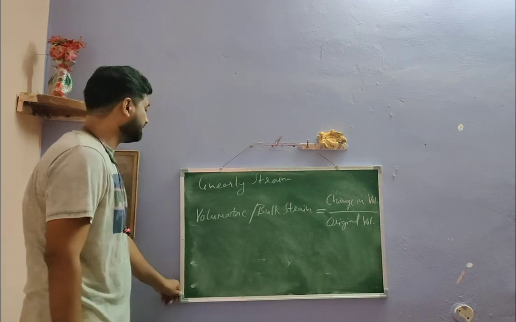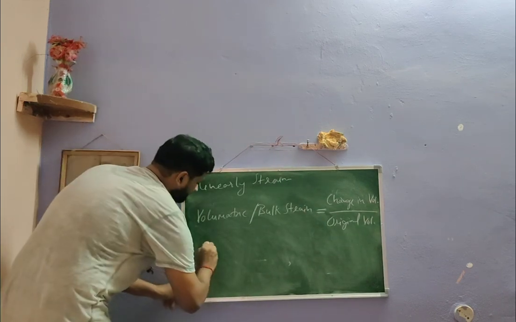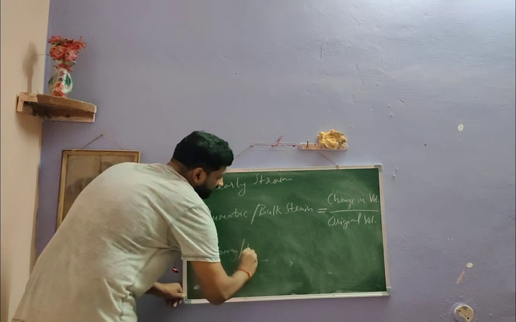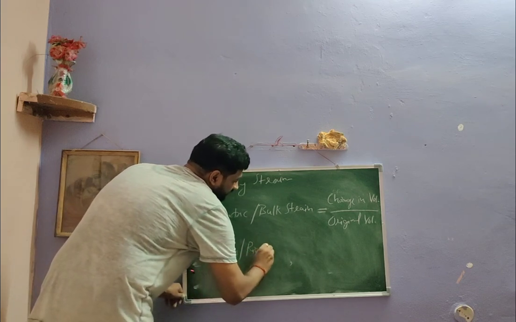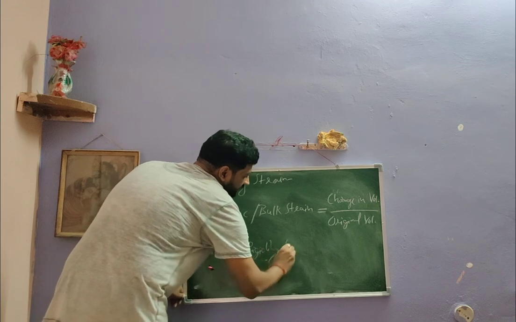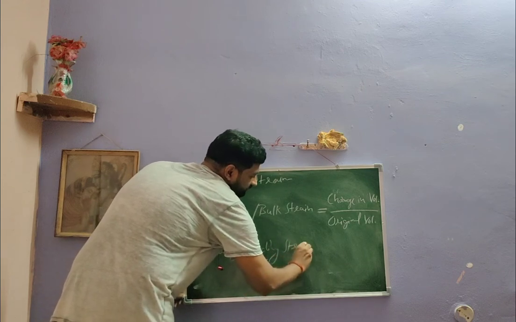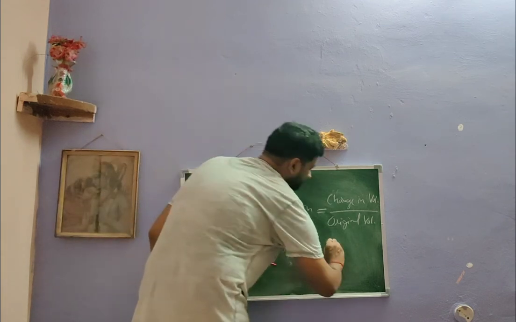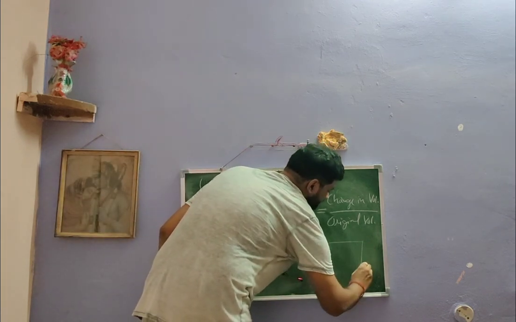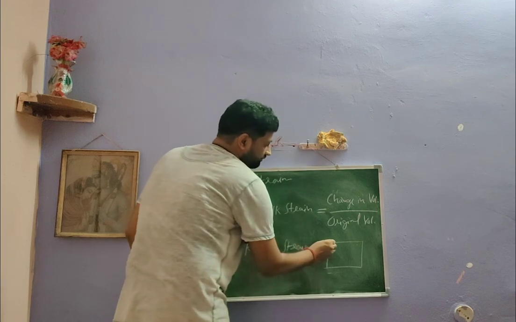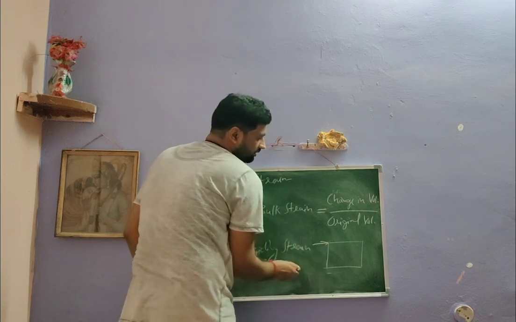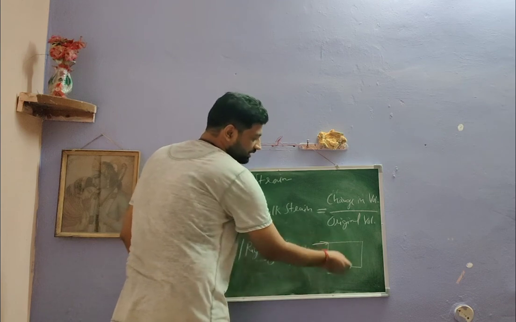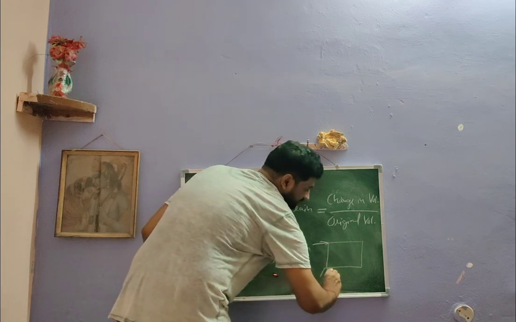And the last one is shearing or rigidity strain. Let's take an example of a rectangular box. Force is applied on this face only, and just the opposite face is fixed.